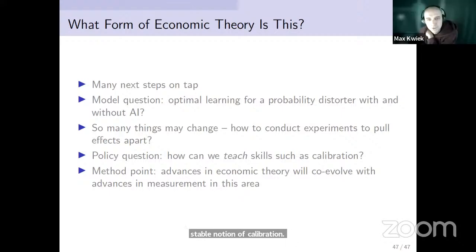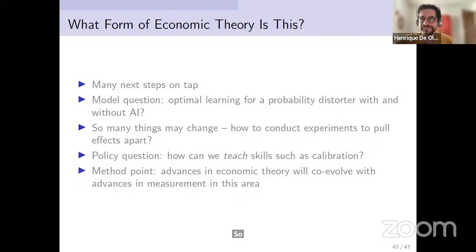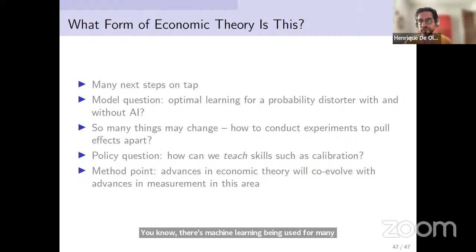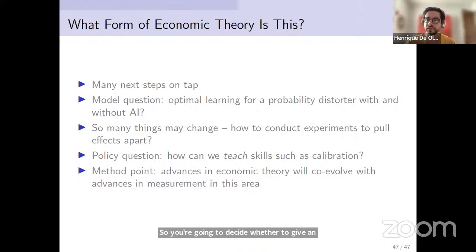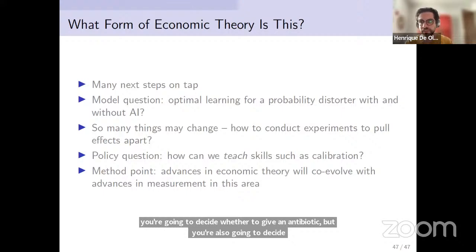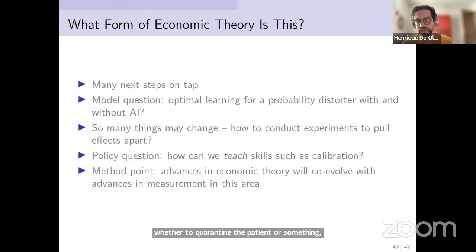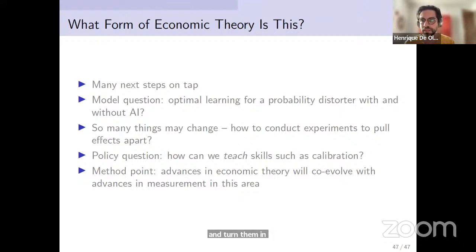Okay. So maybe I have a question, if you don't mind. Please. So this is a bit related, but I would imagine that maybe we think about this machine learning being used for many different decision problems, right? So you have multiple utility functions. So you're going to decide whether to give an antibiotic, but you're also going to decide whether to quarantine the patient or something, whether to intern them in some high risk unit or something like that.